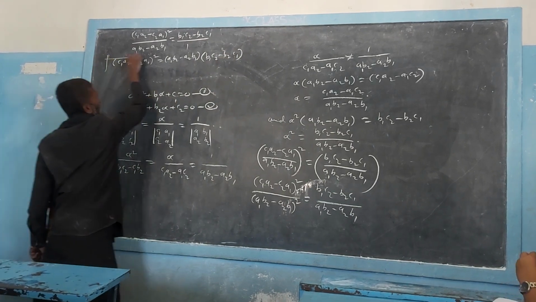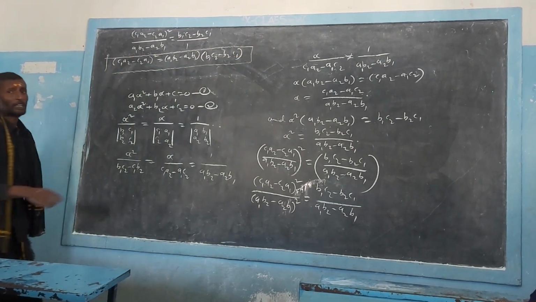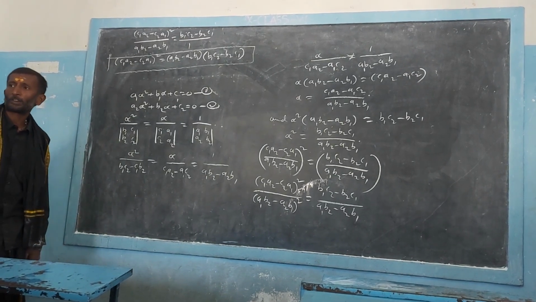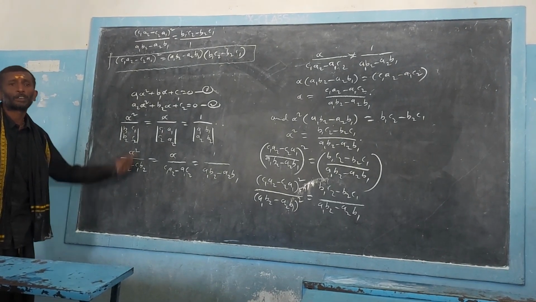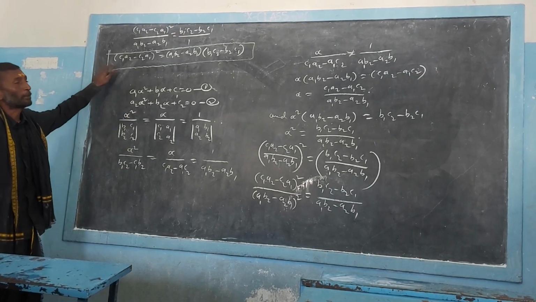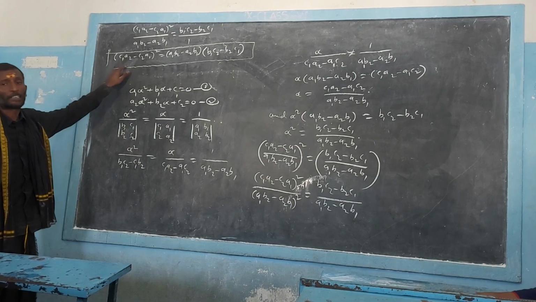So you get the condition like this finally. Okay, so this is the condition for the given quadratic equations A1x square plus B1x plus C1 equals 0 and A2x square plus B2x plus C2 equals 0 to have a common root.